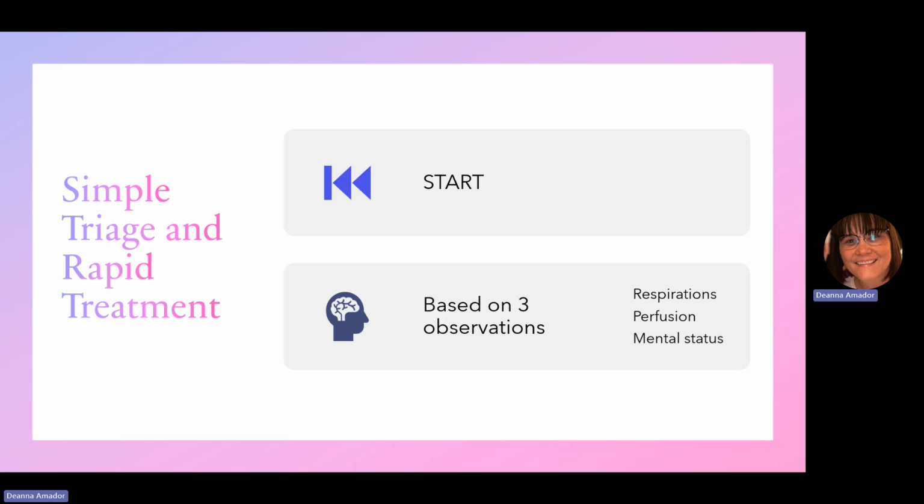So with the START method, we have 3 basic observations: respirations, perfusion, mental status. We have the minor that are tagged green. These people can ambulate, follow commands. They obviously have perfusion.